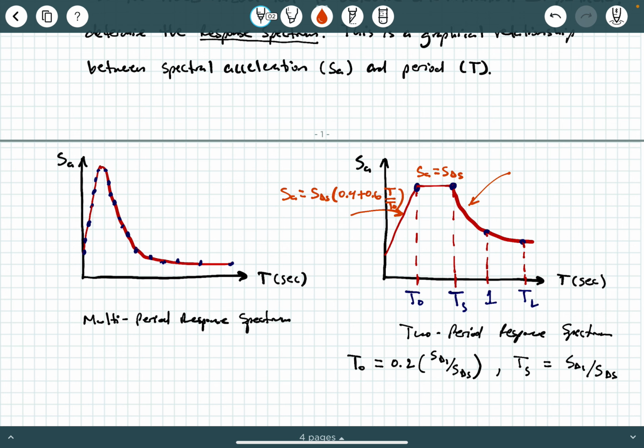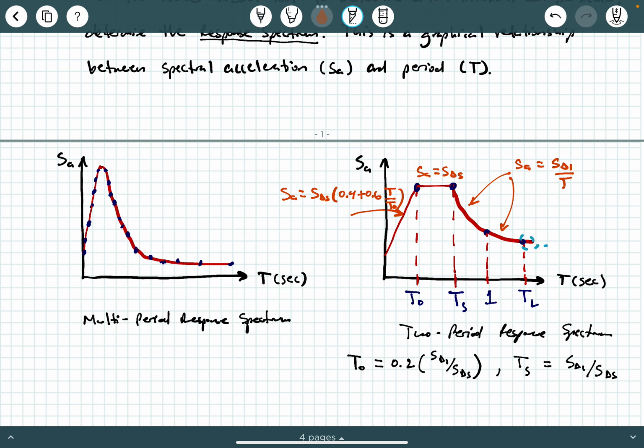That's going to be SA is equal to SD1 over T. And actually this is in between TS and TL. So this is the governing equation for this whole nonlinear segment right here, okay?